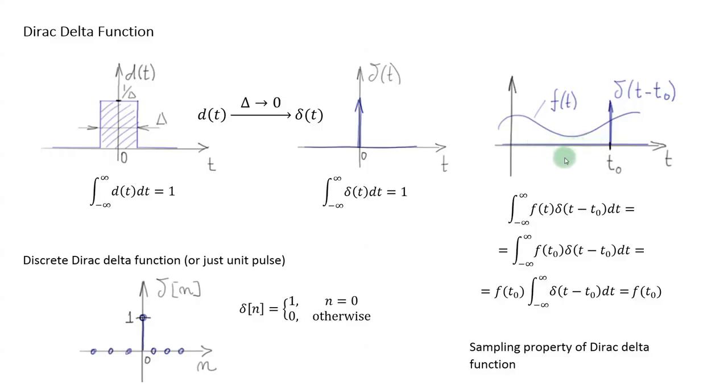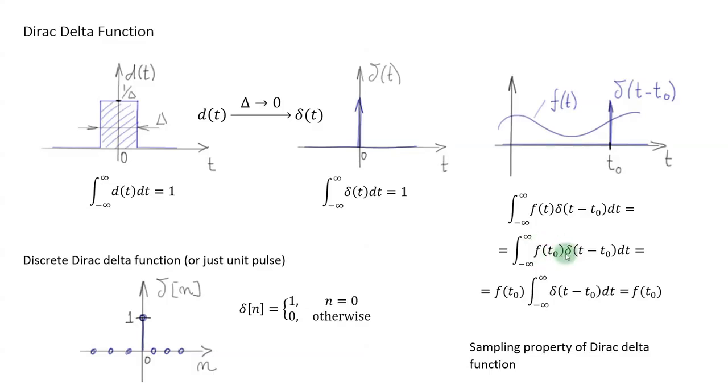The only exception is at time t0. So I can pretty much forget about all the values of the function f of t, and I can use only the value of the function f of t at time t0. And that is what I'm doing here. Instead of this expression, where I have the entire function f of t, I'm just using the value of the function f of t at time t0.